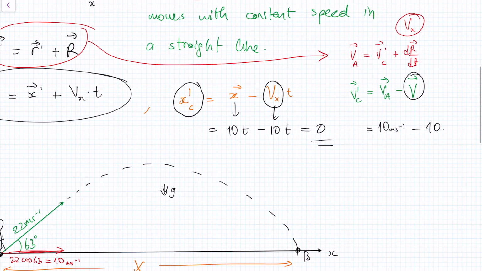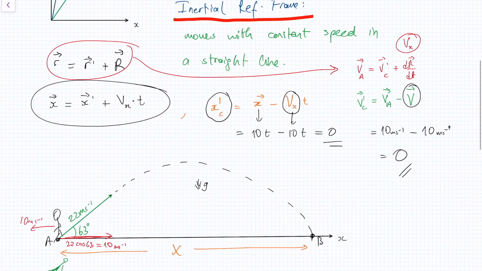That's also 10 meters per second. So that's equal to 0 again. Not only does the position not change, but the velocity as well. So with respect to the cyclist, the horizontal velocity of the ball is equal to 0. The ball appears to be stationary to the cyclist.